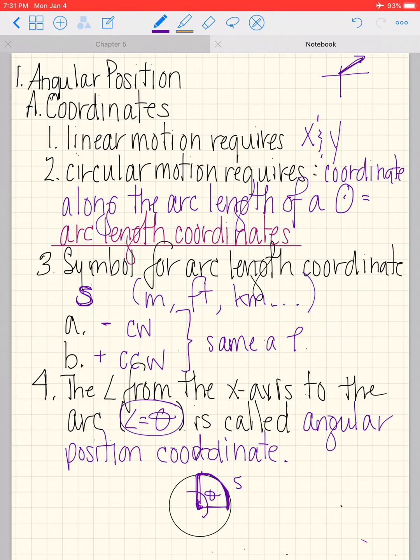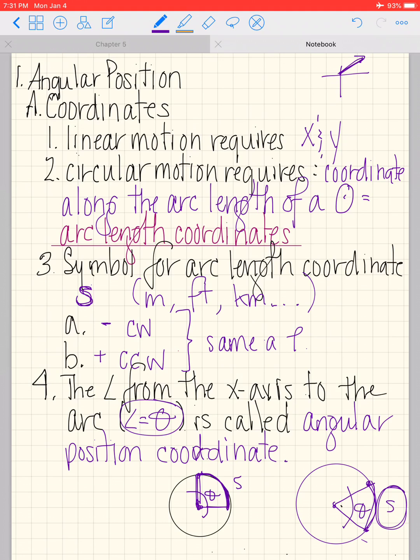If I have another circle here, and my arc length is from here to here, because it doesn't have to be right on the x and y axis, and my center of my circle is right there, this is S, and this is theta. It measures the same thing. It's the same journey that I've made. It's just looking at it in two different ways. One looks at the angle that I've covered. The other looks at the distance that I've covered.